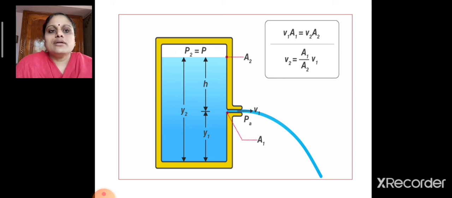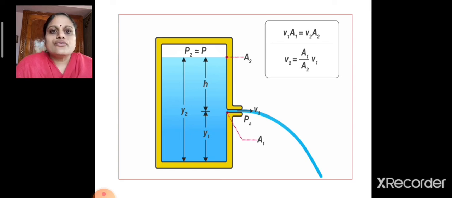Let Y1 be the height of this slit from the bottom of the container and Y2 be the total depth of the liquid from the top surface. We are assuming that the pressure above the surface of the liquid is P and the pressure at the opening is PA, that is the atmospheric pressure.